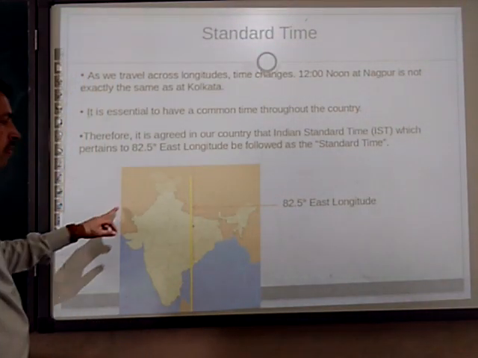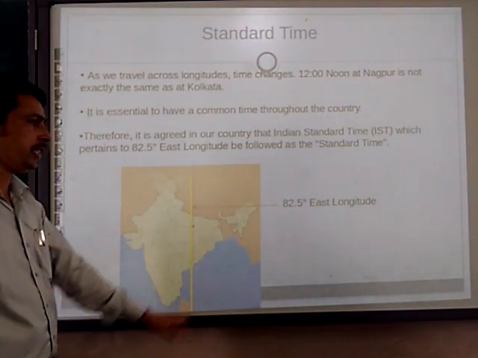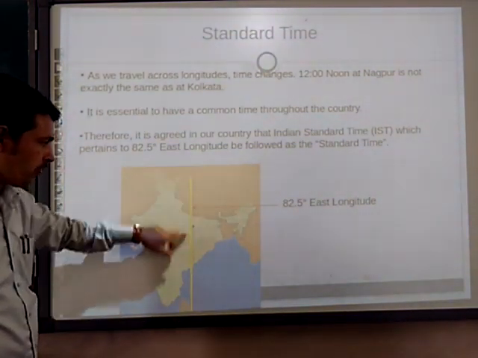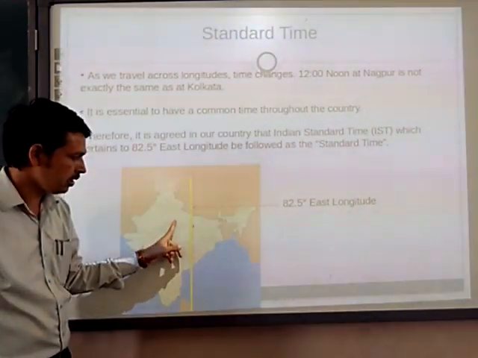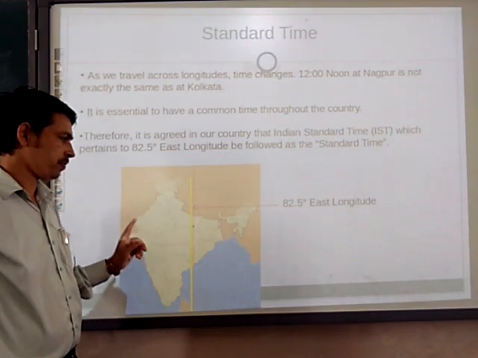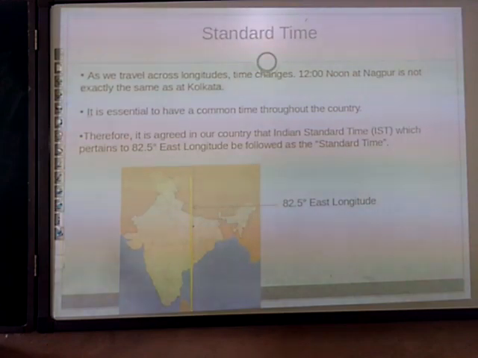See here, 82 degree 30 minute east longitude is passing through Uttar Pradesh, through Mirzapur.